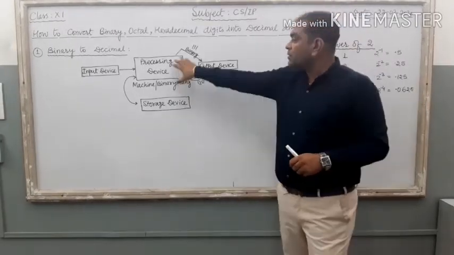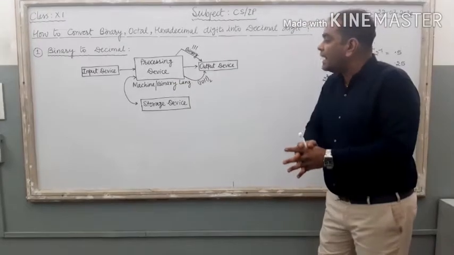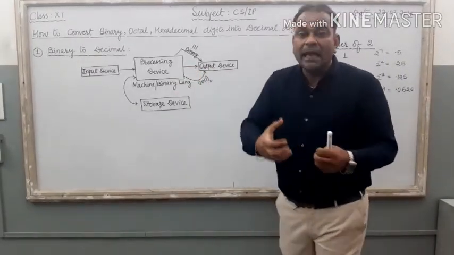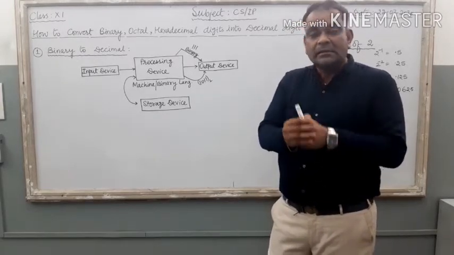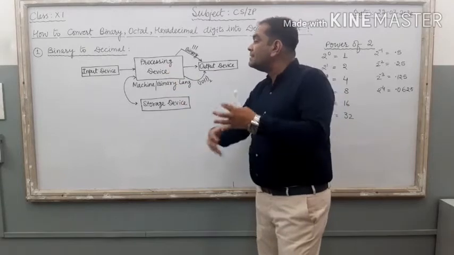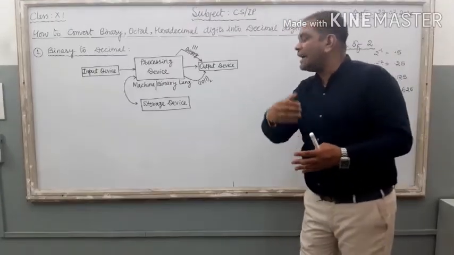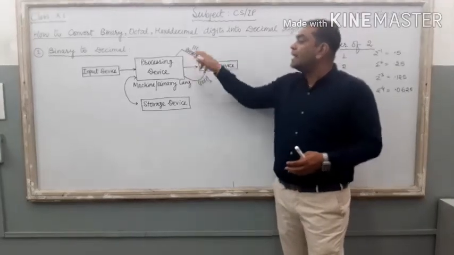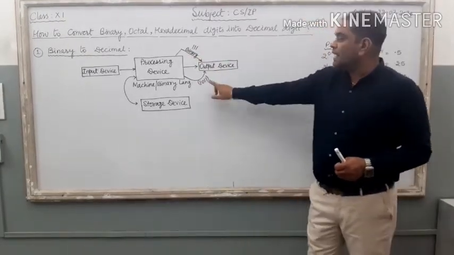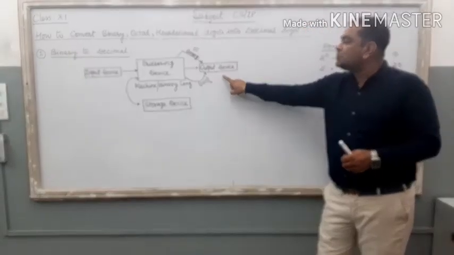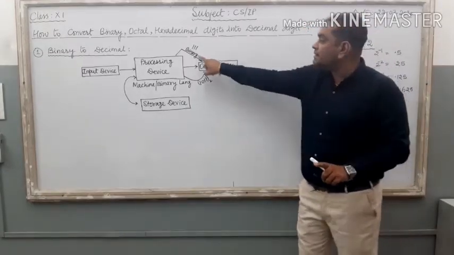Clear? So the processing device works on binary language, and once we supply an equation to the processing device of our PC, it executes, or we can say calculates, the equation and finds the result in binary format only, right? Just see this one.